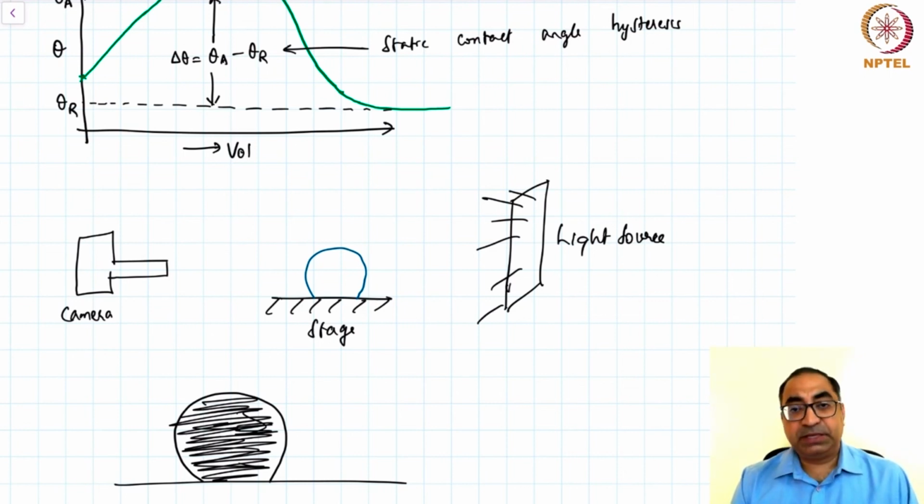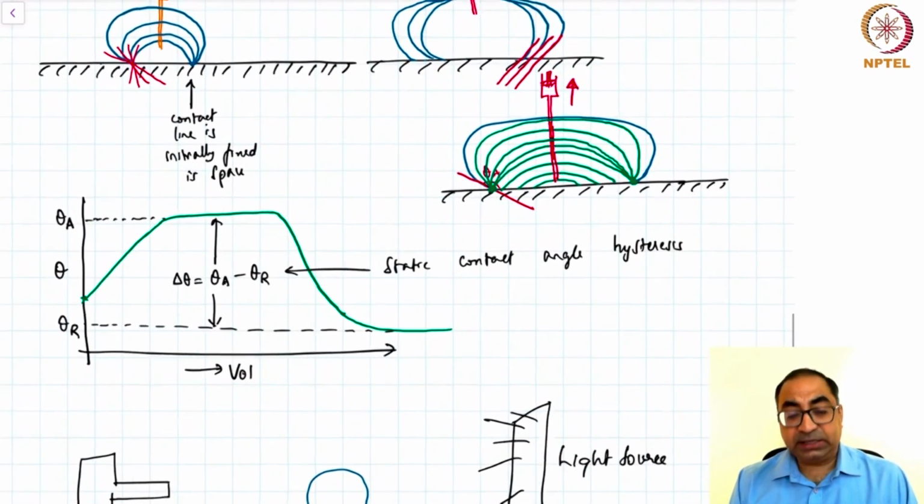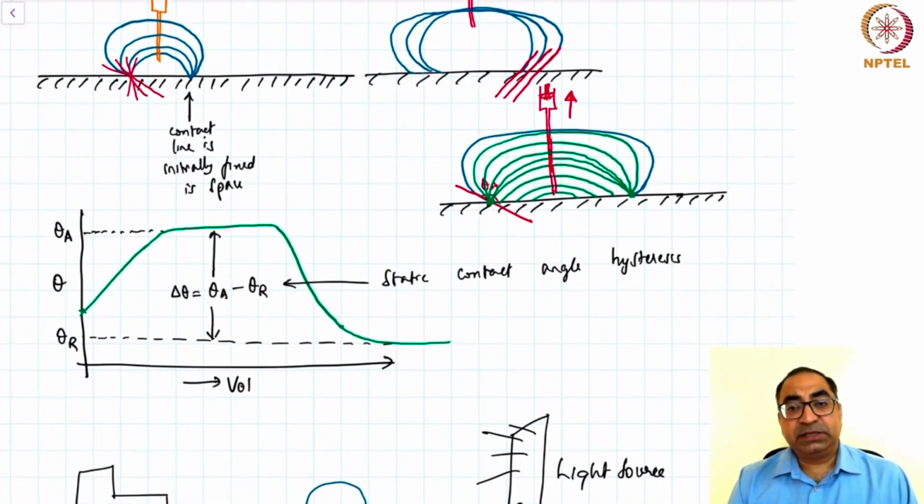In the static experiments, we have not brought in the velocity of the contact line, because even though the contact line moves in these quasi-static experiments, it is so slow that it does not really matter. But we can have situations where the angle is significantly influenced by the velocity of the contact line itself, and what is the relationship between them.